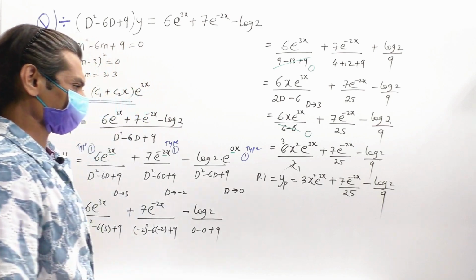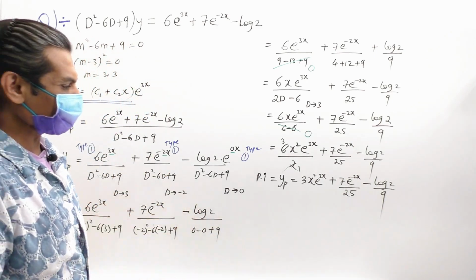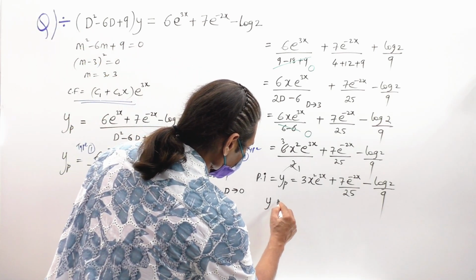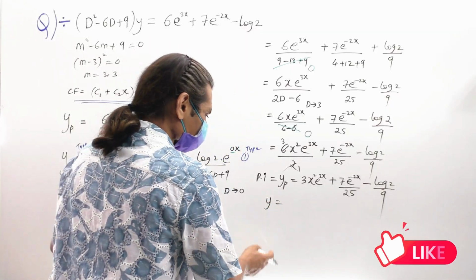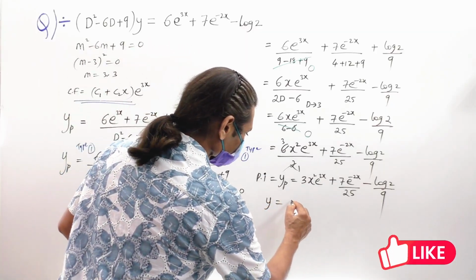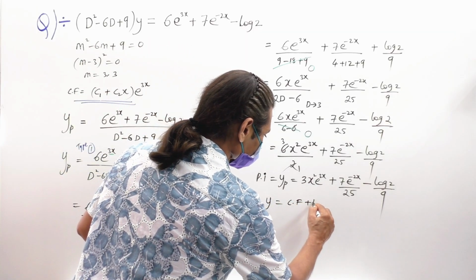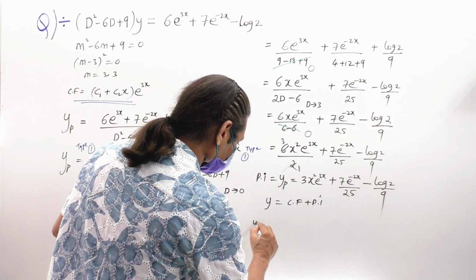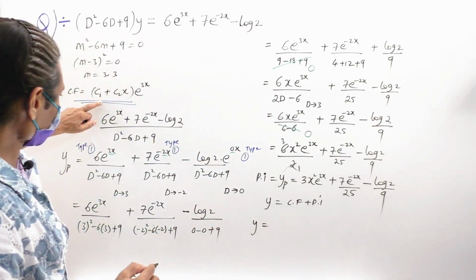Now as you all know, the solution of any differential equation is nothing but y is equal to complementary factor plus the particular integral. Okay, I write here, y is equal to CF plus PI. Therefore, we complete the full solution as y is equal to, what is CF here?